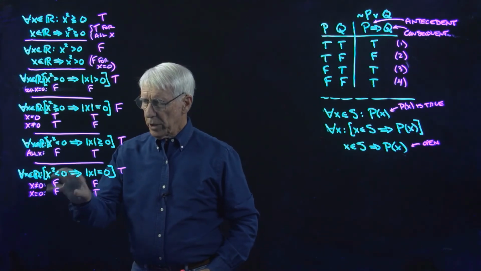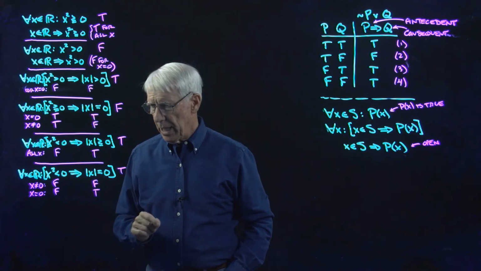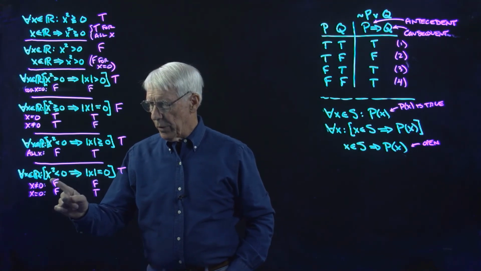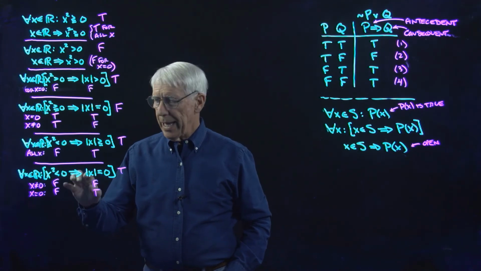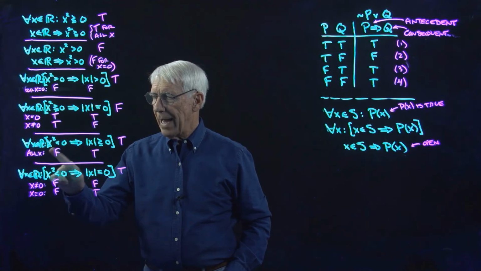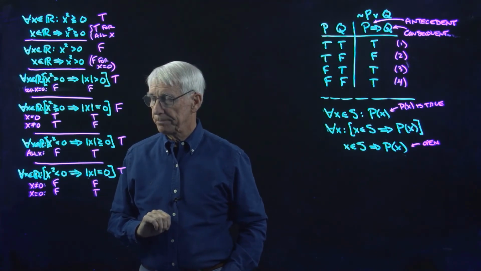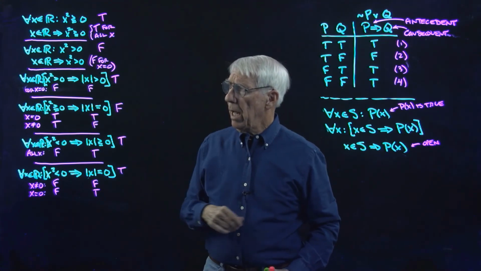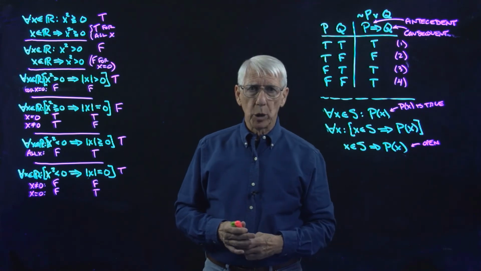And if we're working with an open statement, the truth values of that open statement will differ depending on the value of the variable or variables in it. So I think those examples are useful for seeing how things work here.